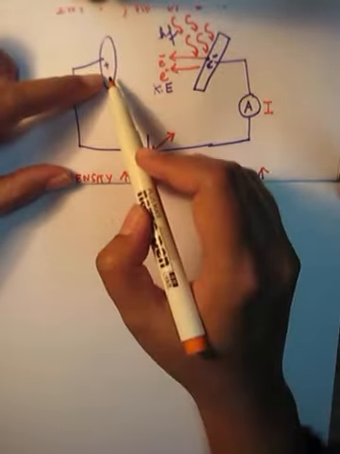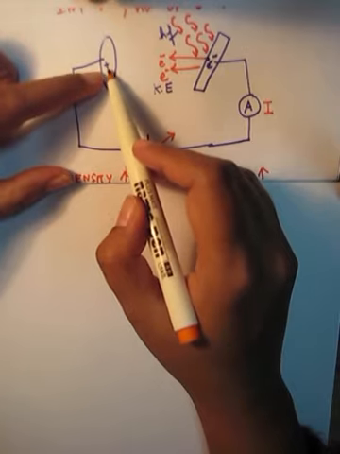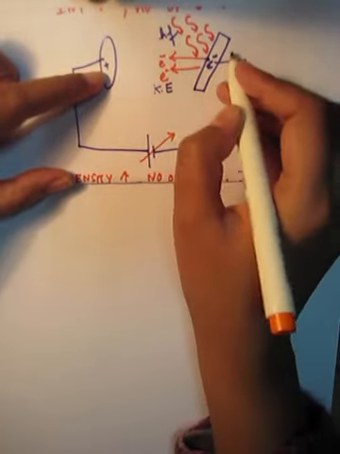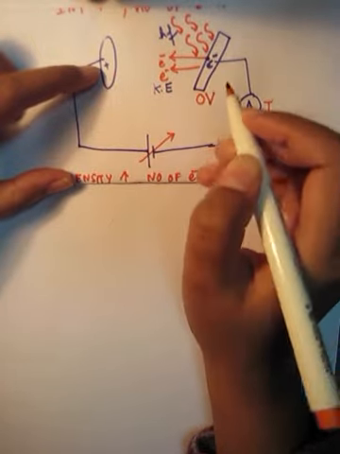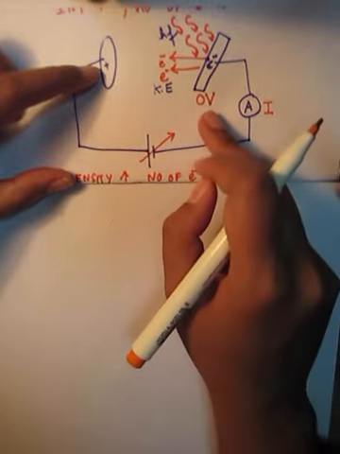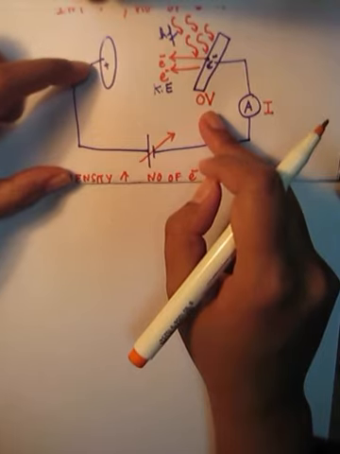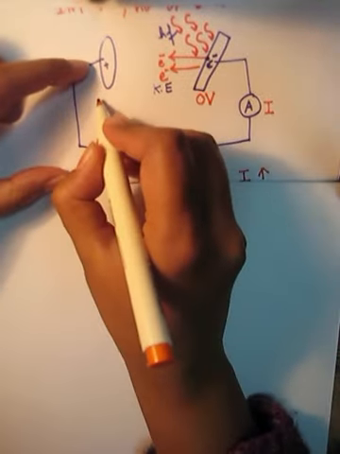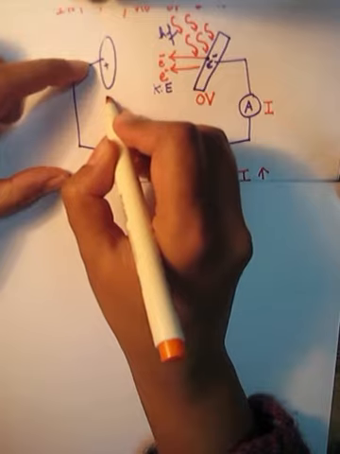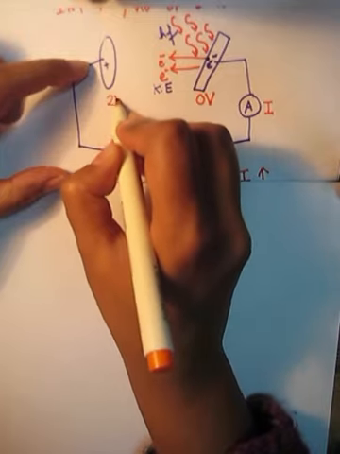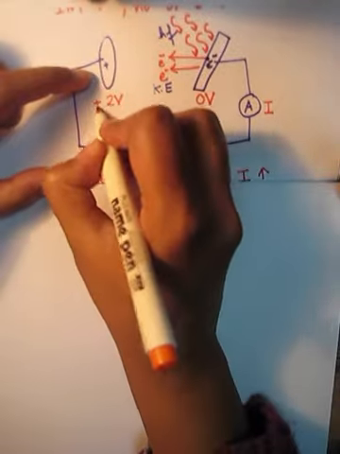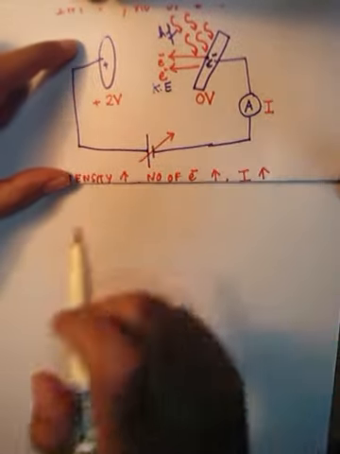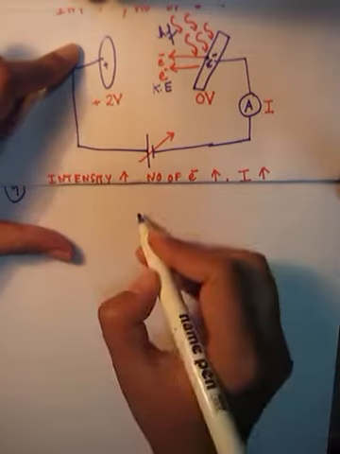Now initially we say that you have some positive voltage here and this is at some negative voltage. Let's say, to make the understanding easy, you have 0 volts here, and here let's say you have 2 volts. Okay, and when you have plus 2 volts, electrons will flow and you'll get some current. Now let's try to draw it.